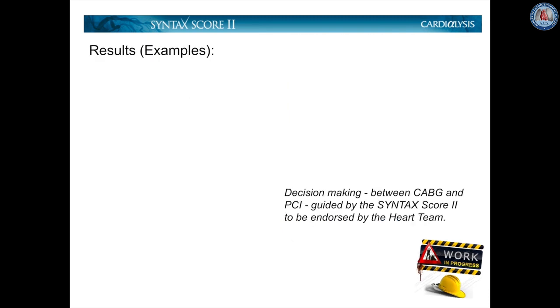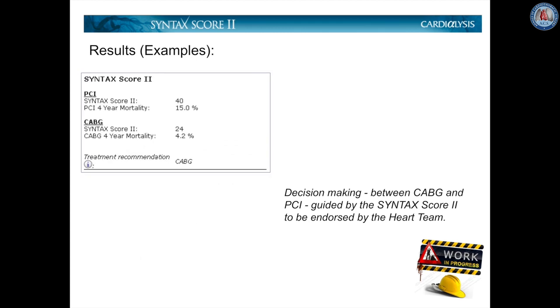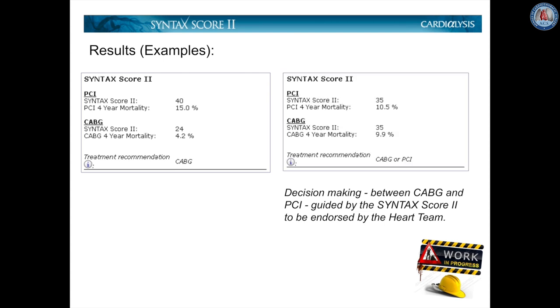So this is an example of the Syntax score 2, where the PCI 4-year mortality will be 15%, while the CABG 4-year mortality will be 4.2%, and the treatment recommendation is very strong. This patient should be sent to surgery.